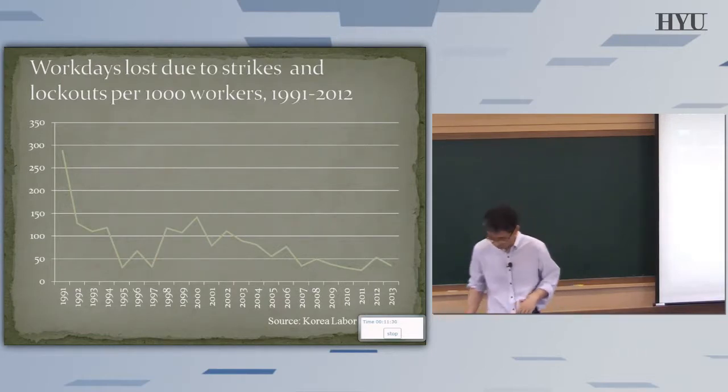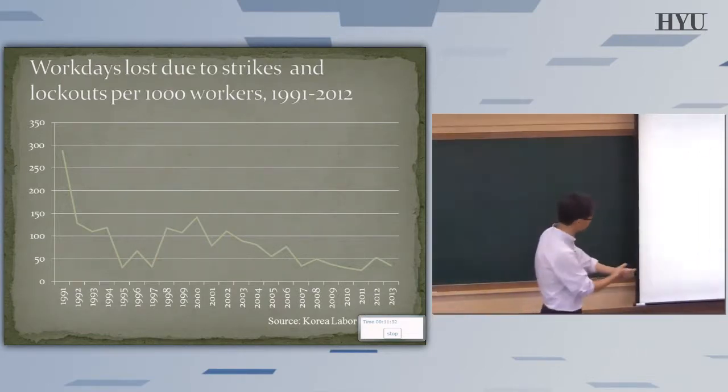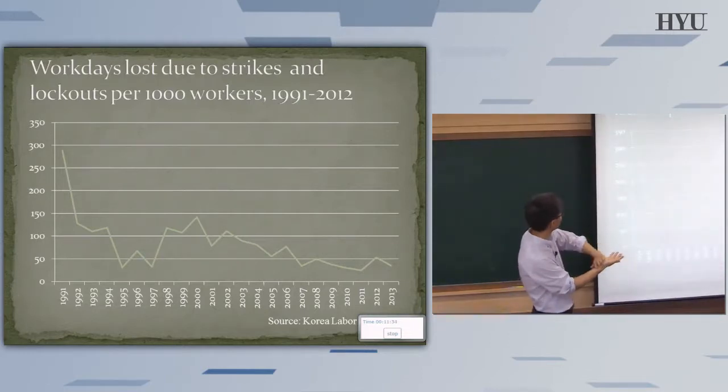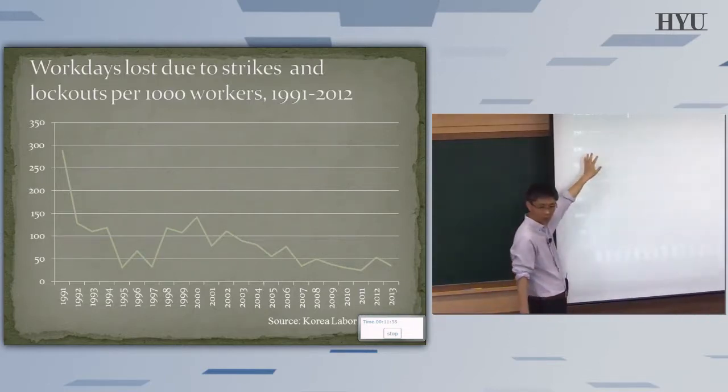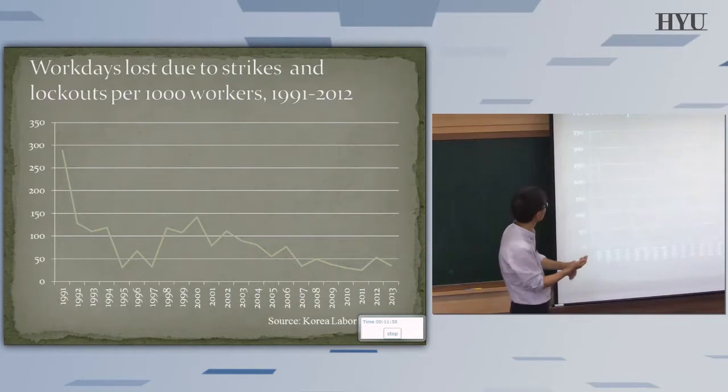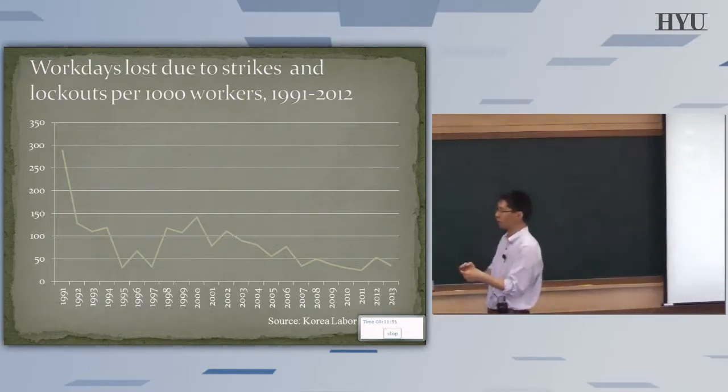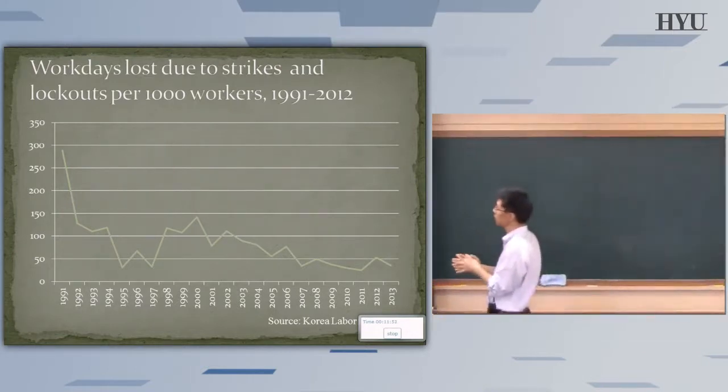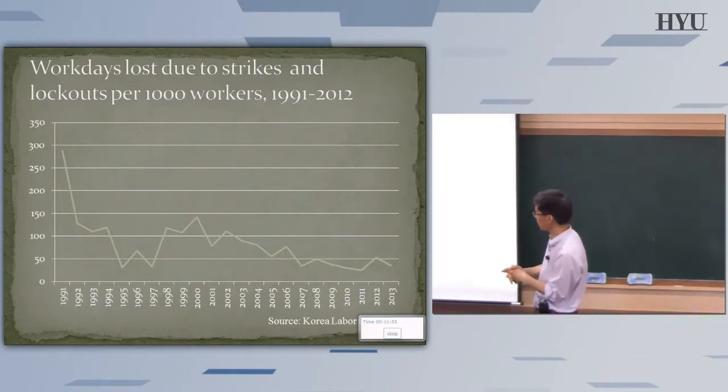It shows that in the early 1990s, strikes were very common compared to nowadays. In 1991, about 300 work days were lost per 1,000 workers due to strikes. But as you can see, strikes have decreased a lot.